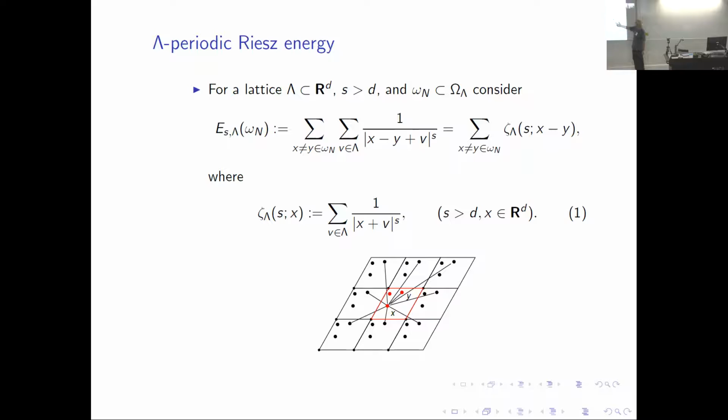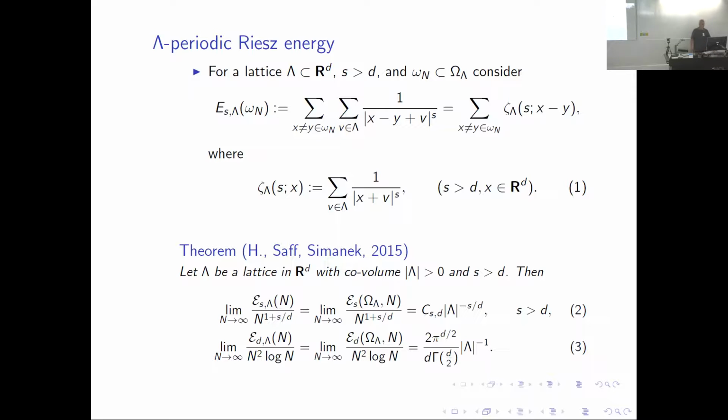And this will converge in dimension d when s is larger than d. When s is equal to d, it's like a harmonic sum. And when s is less than d, you have to do something else. So first of all, for these zeta functions, when x minus y approaches points in the lattice, so when x minus y gets small, this is dominated by the Riesz potential.